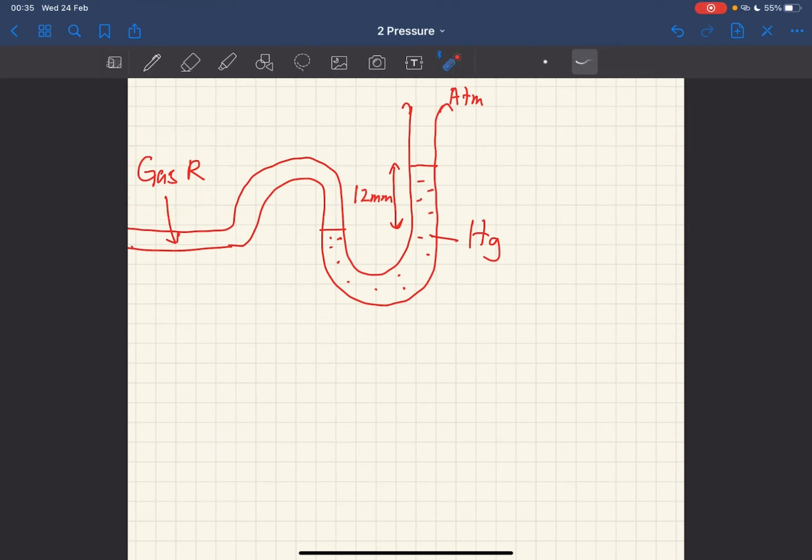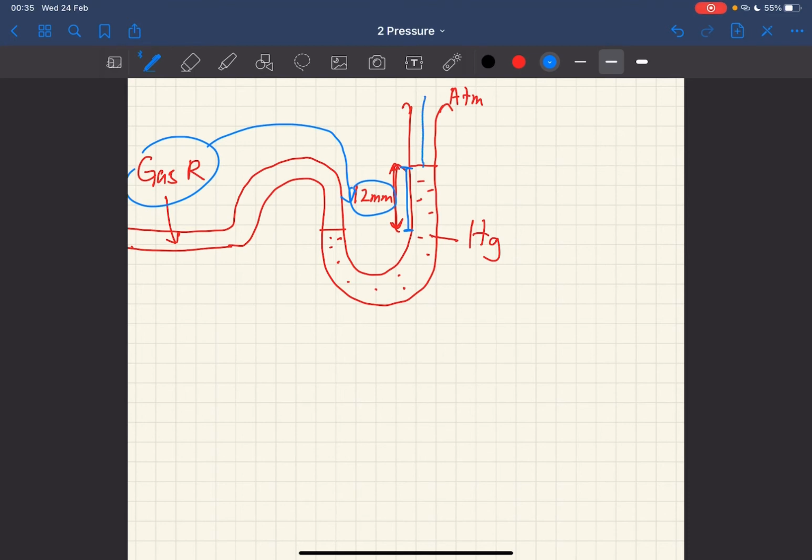Why? Because gas R can push the mercury for this height. The gas R pushes mercury until the mercury exceeds by 12 mm. So it shows that gas R is stronger than ATM.